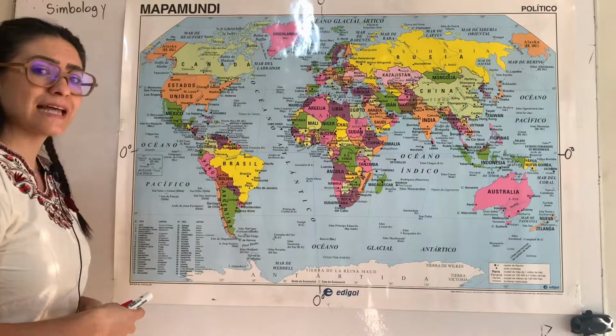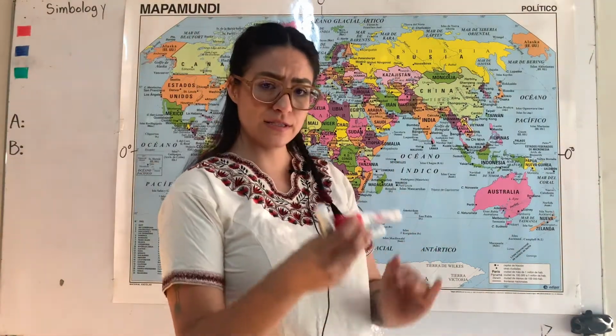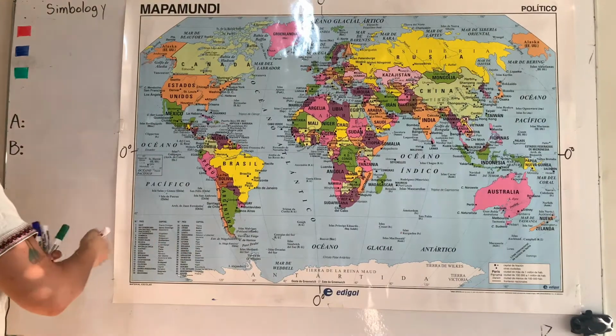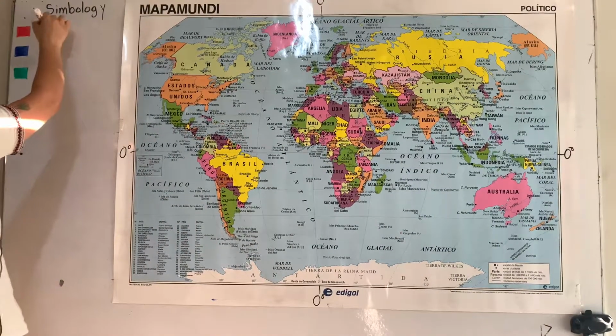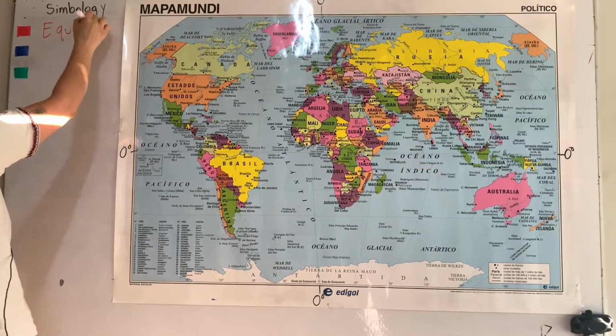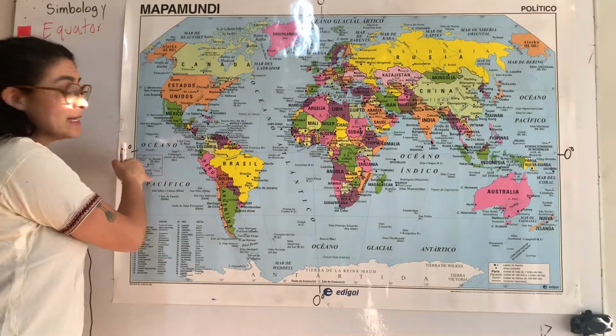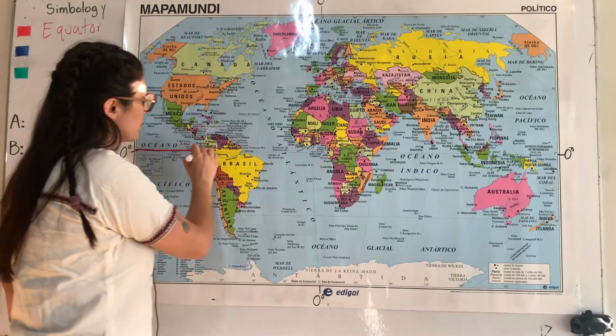So we are going to establish our axes or reference elements, and we have, like we said, two. One is the equator, and I'm going to represent it as 0 degrees. 0 degrees of what?